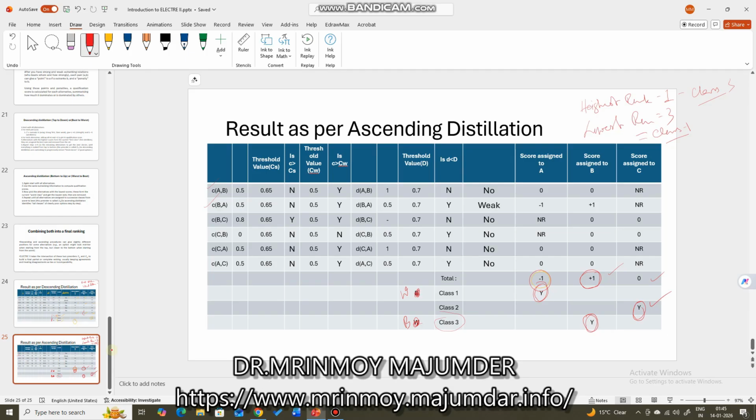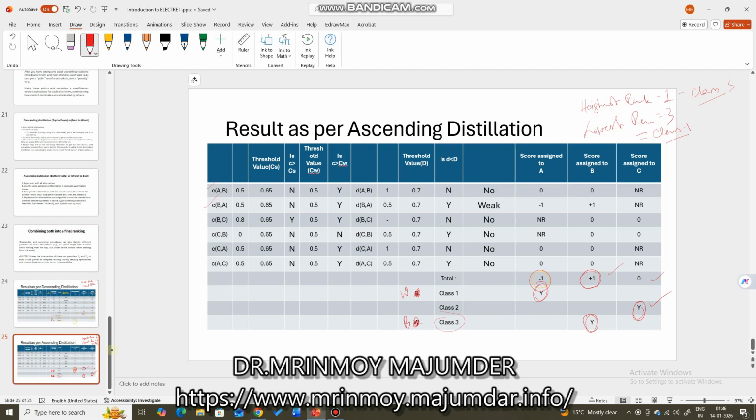If the same alternative gets the worst class, class 3, for ascending distillation, and the best class, class 1, for descending distillation, then that alternative outranks the other. And the alternative which is in between them, for both descending and ascending distillation, gets class 2, which is the medium, neither good nor best.